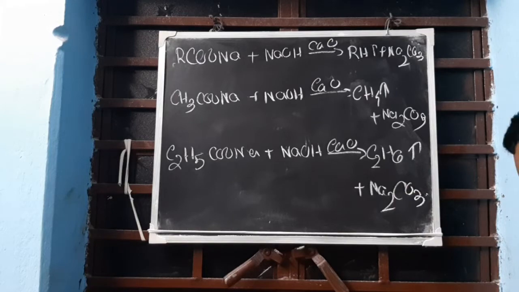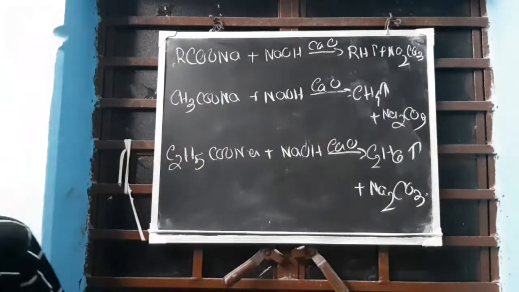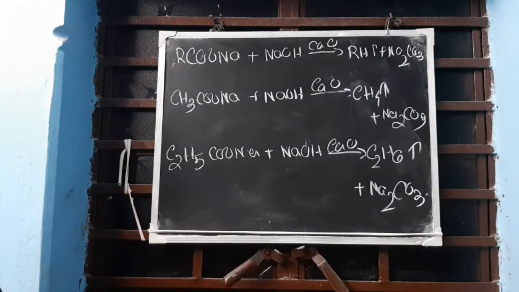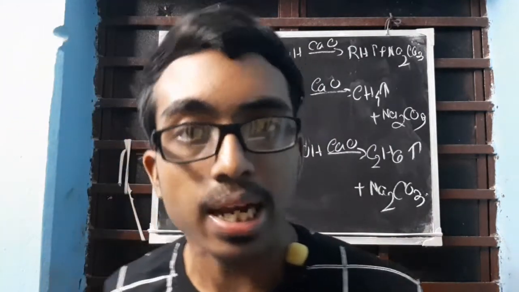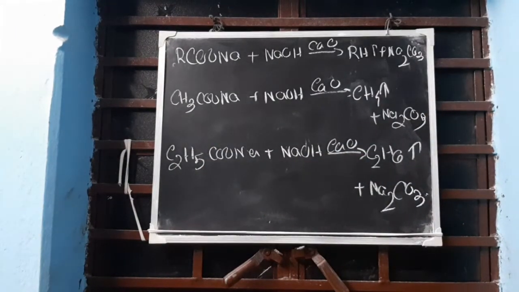So here what we have written is R. R always stands for alkyl group in organic chemistry. So I have substituted the main part R as CH3 and C2H5 in the two reactions, and the reaction comes out. So if you are having a problem memorizing individual reactions, you can go for this.